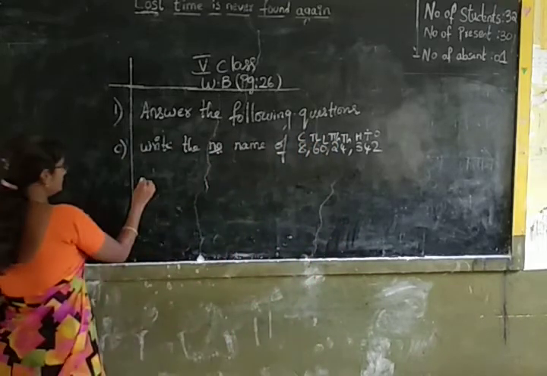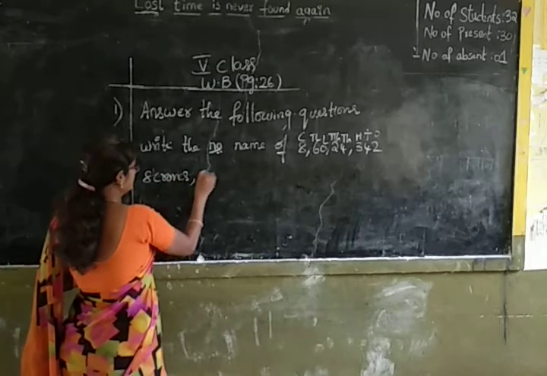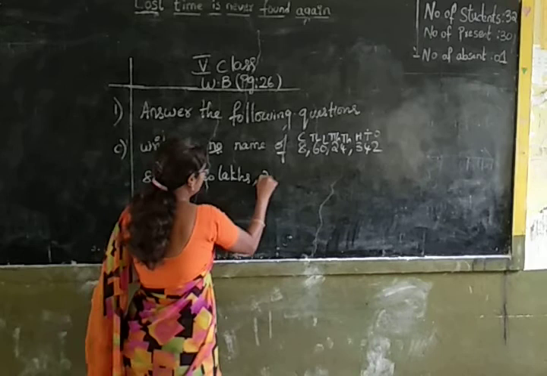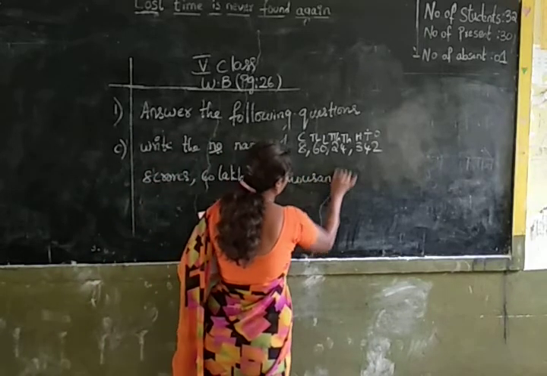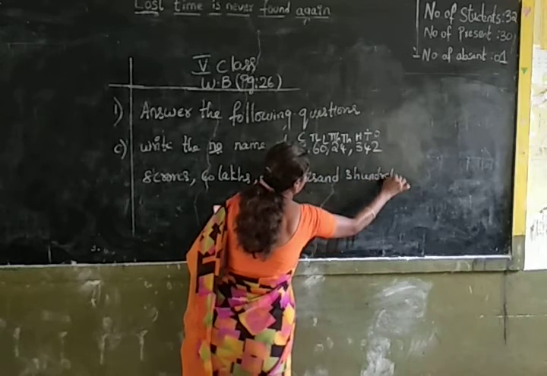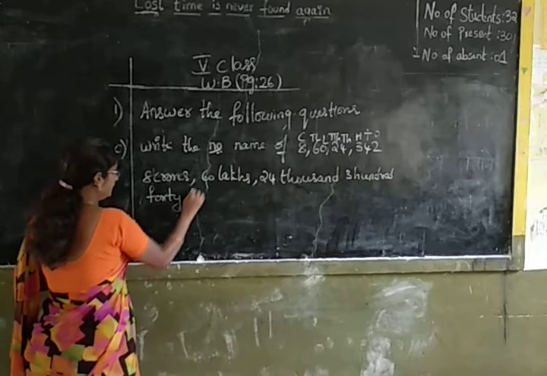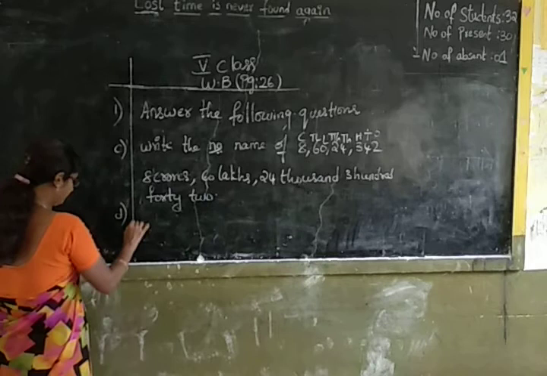So the number is 8 crores, 60 lakhs, 24,342.